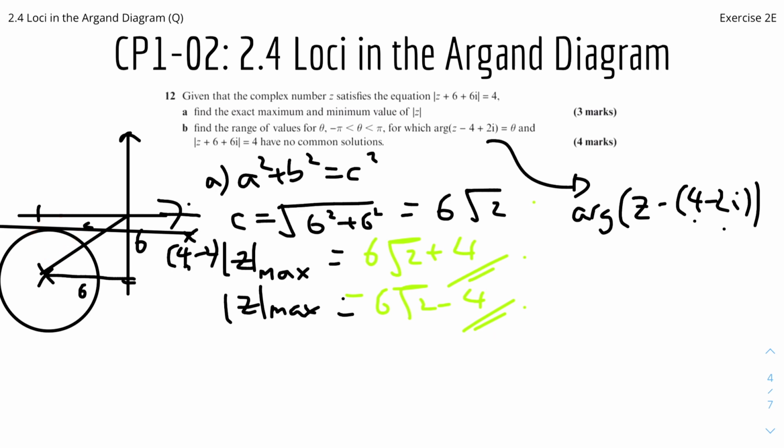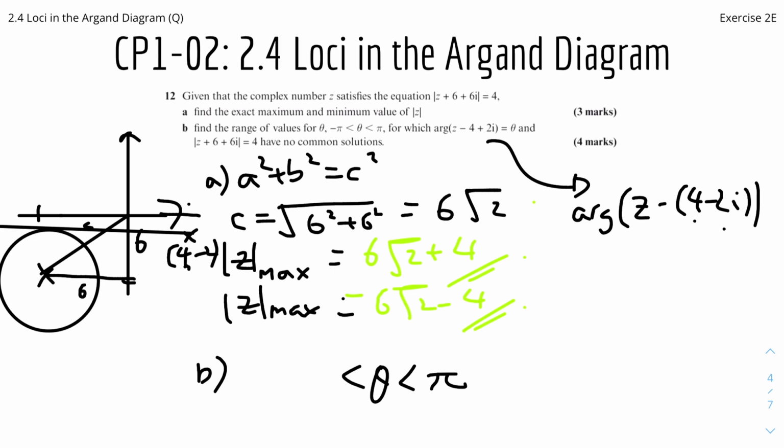Therefore, if the angle of the argument were pi or 180 degrees, the circle and the line would touch, right? That means there will be a solution, and we can't do that. That means the upper value for the angle must be pi, but it has to be less than pi. So theta has to be within pi, right?